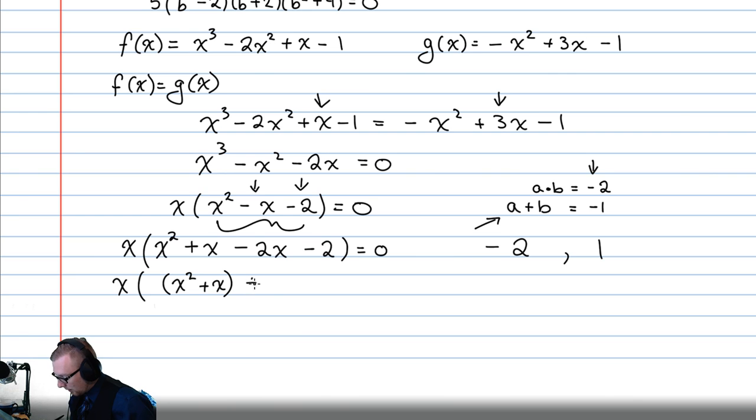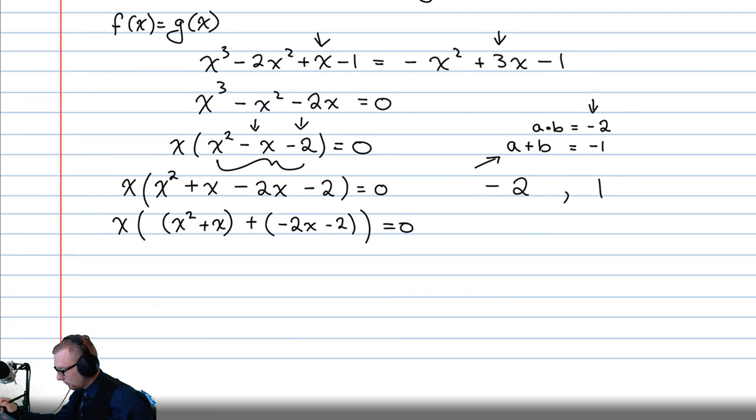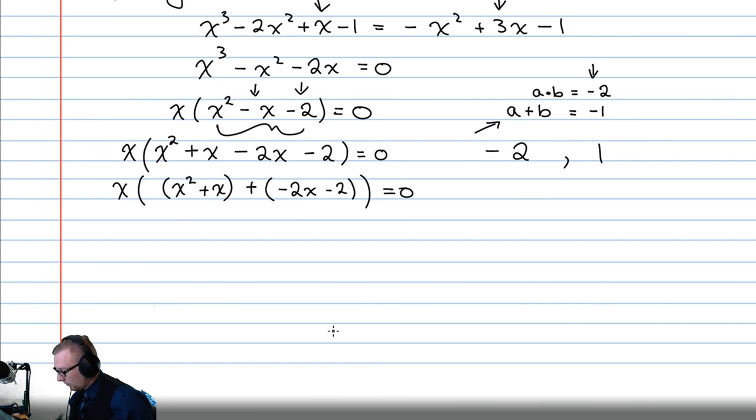And then I'm going to add another pair, which is minus 2x minus 2. So all I did was just put some parentheses around to kind of pair them off. You're good? So now I want to factor each of these down.